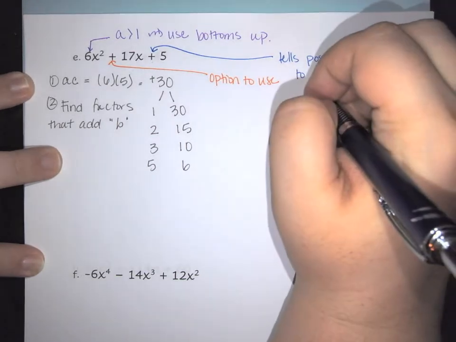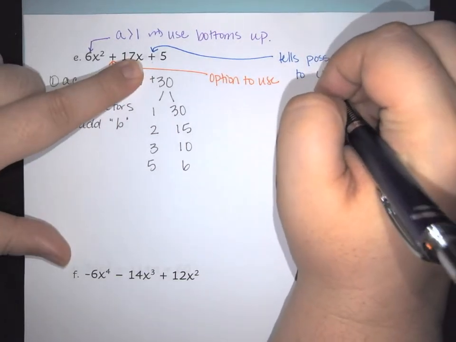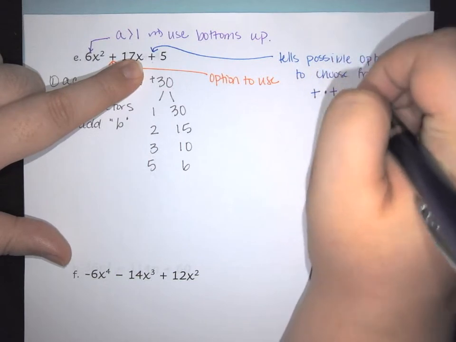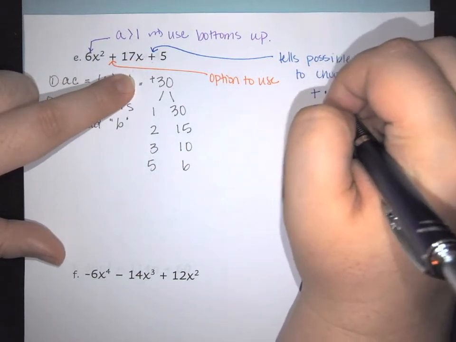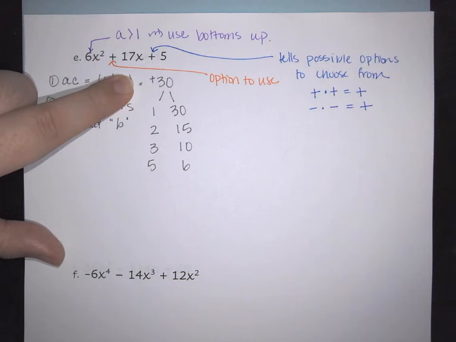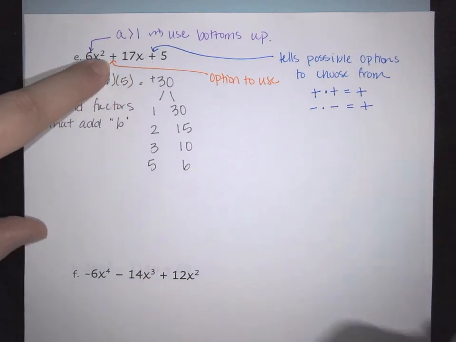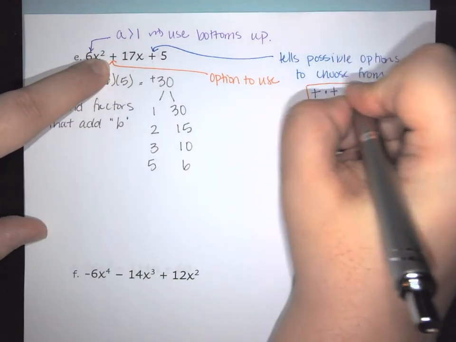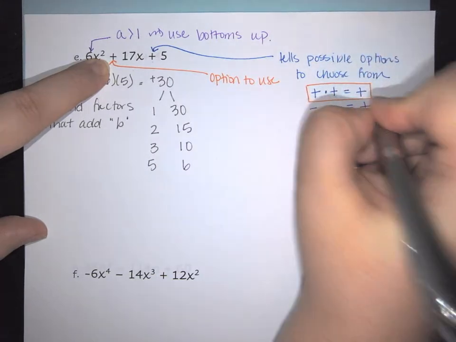So those options, because this is positive, are going to be positive times positive or negative times negative. And just like before, since my middle term is positive, I'm using the positive positive option.